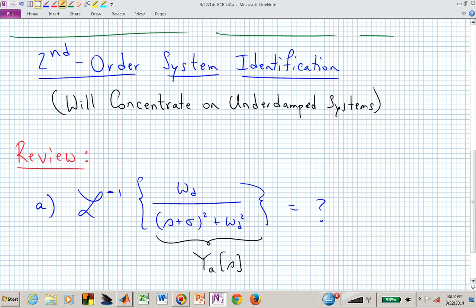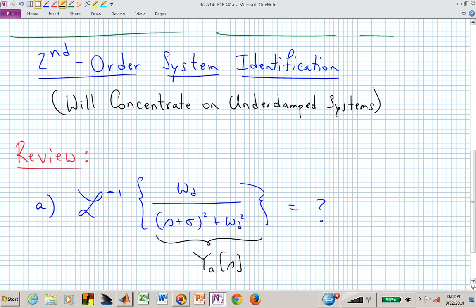To start us thinking about what you're comfortable with, let's now look at you finding the time domain expression for little y sub a of t, which is the inverse Laplace transform of this ratio of polynomials. You might note that there are no finite values of s that cause the numerator to vanish.